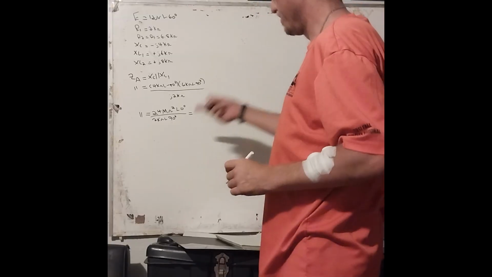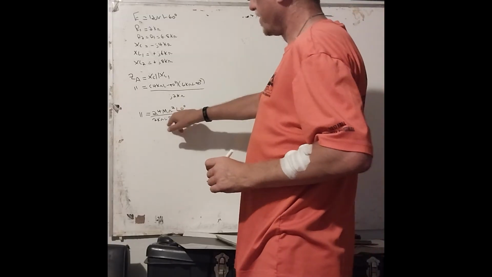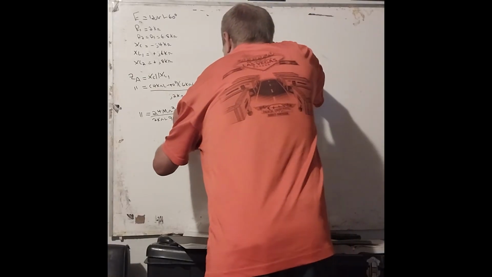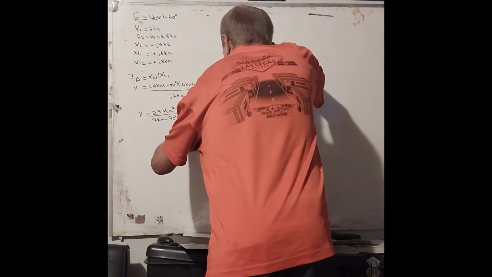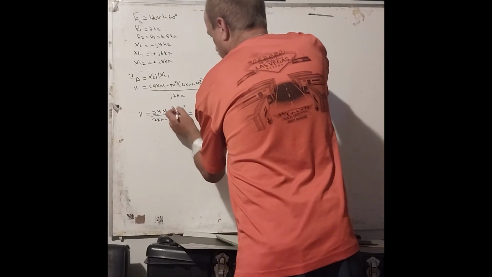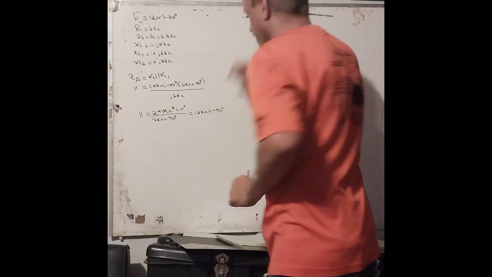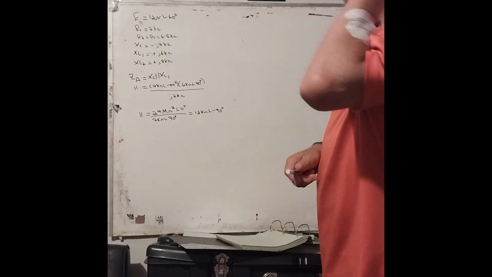Now, I can do the math of this in my head. Mega ohms divided by K is K, and 24 divided by 2 is 12. So we get 12k ohms at an angle. If we add 0 minus 90, we get negative 90 degrees. So this is acting as a capacitive load for Z sub A.